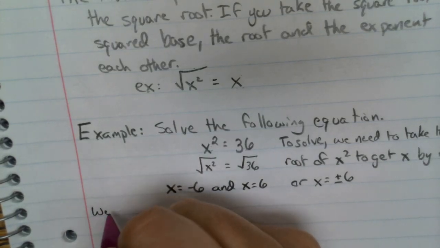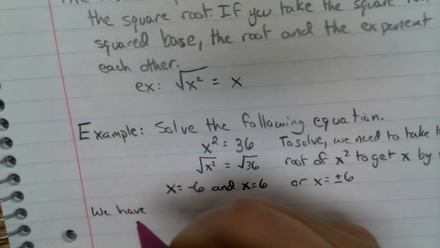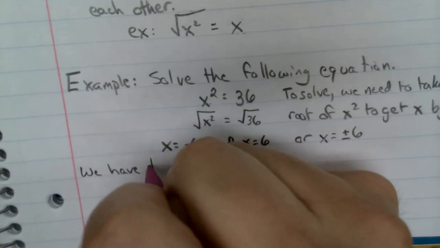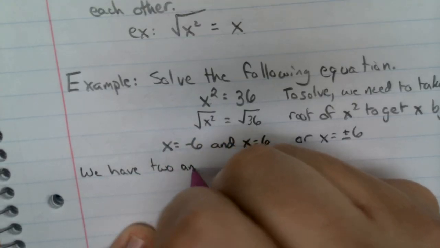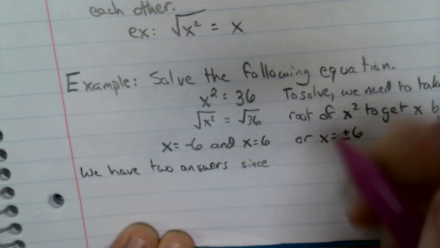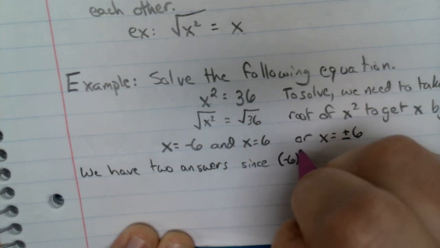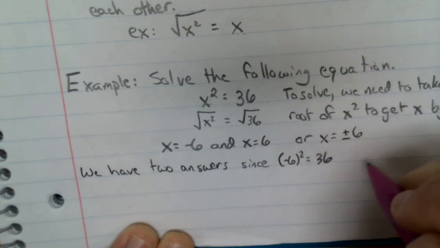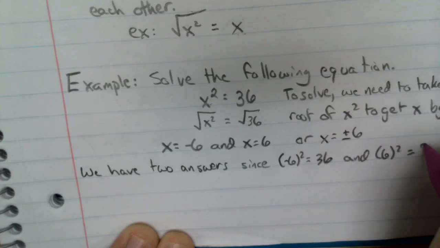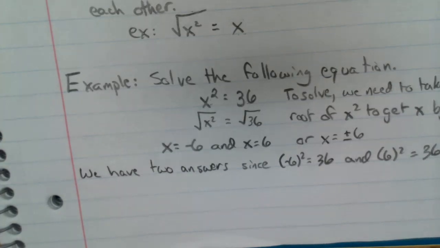So reminder, we have two answers, since negative 6 squared equals 36 and positive 6 squared also equals 36.